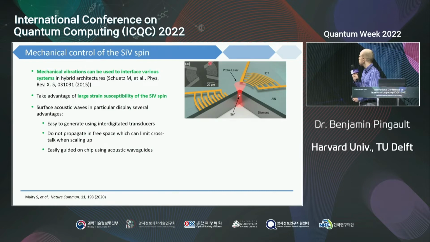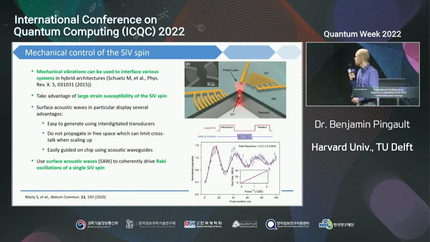So when you launch a surface acoustic wave on top of the surface, you know that it's confined to the surface. That also limits the crosstalk. If you make physical trenches, you can easily make a waveguide. And this way you can actually manipulate your driving system on-chip, unlike microwave photons, for example, that can radiate everywhere.